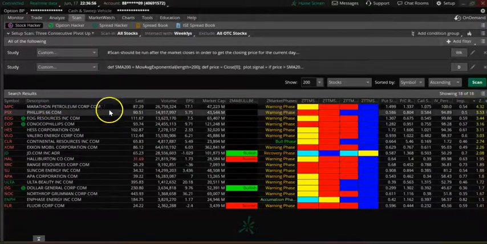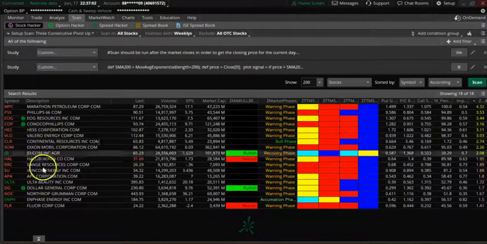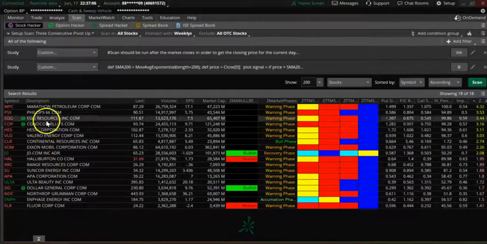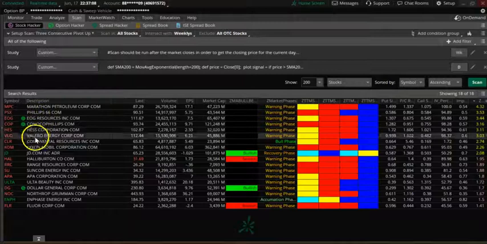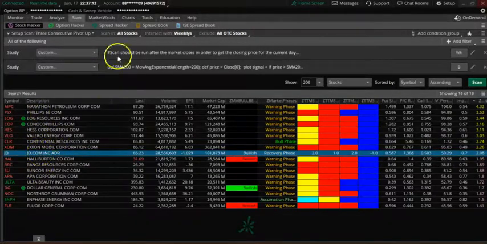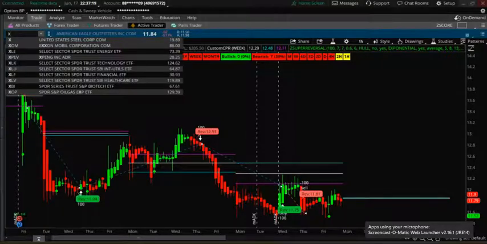Okay, MPC. So you can see a lot of companies which are basically oil industry, right? All of them are oil industry. Okay, so for the oil industry, you want to basically look at XLE, right? You don't want to look at individual companies.